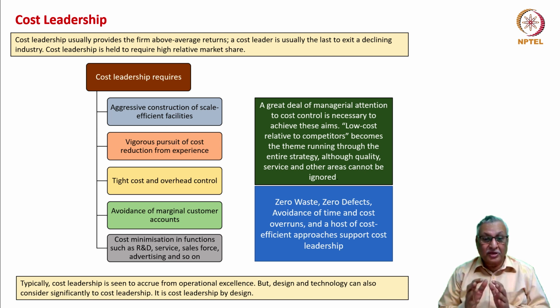Apart from that, very tight cost and overhead control. Implementation of just-in-time systems, 5S systems, zero defects, zero waste, they all help in tight cost and overhead control. Elimination of discretionary items and connecting cost to value or cost to returns. These are all cost leadership attributes.